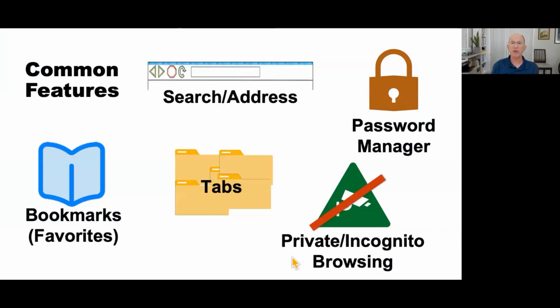Let's take a look at some common features across all browsers. Doesn't matter which one you use, okay? Of these three primarily, Safari, Chrome, and Edge, okay? I didn't check everything on all other browsers because there's about a dozen of them out there. Okay, they all have a field at the top, typically, where you can enter a search term, which will launch a search engine, or a website address with a .com or a .edu.